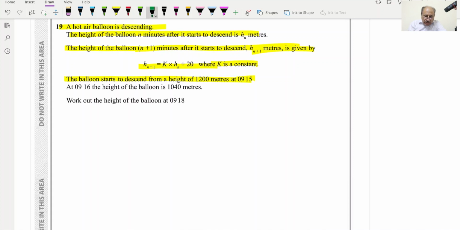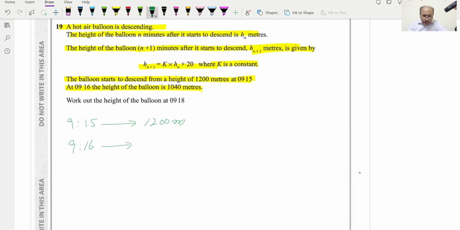9:15. So at 9:15 height is 1200 meters. So at 9:16 the height of the balloon is 1040. So at 9:16 this will be 1040.